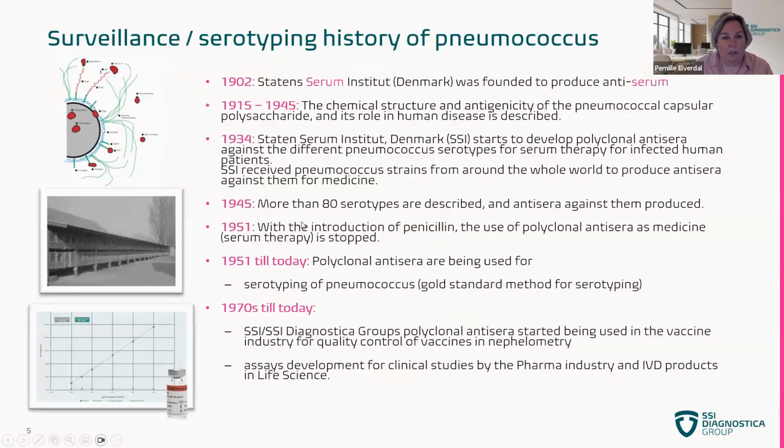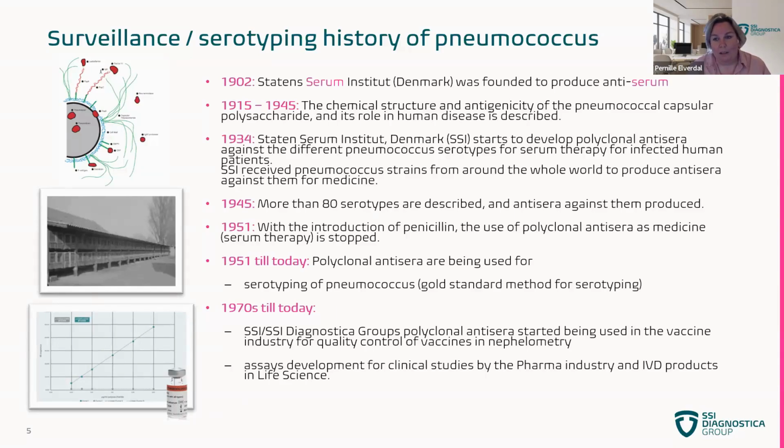So, a little history about pneumococcus, because that's where I started out. That's where my heart is. Back in 1902, State Serum Institute was founded to produce antiserum, and that's where the name State Serum Institute comes from. It was founded to produce antisera against infectious diseases for treatment.